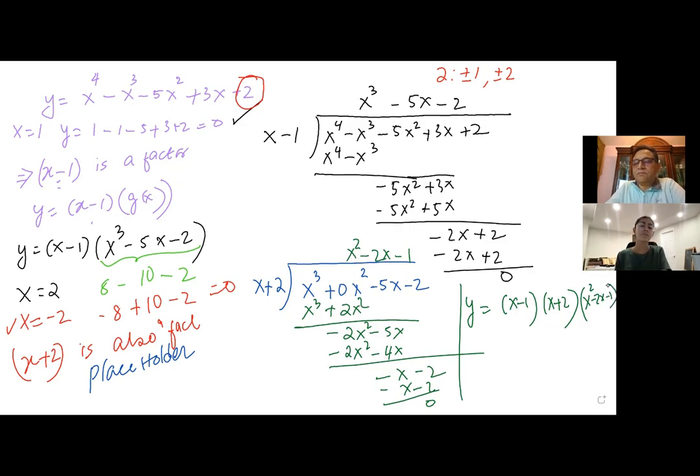Our second factor is x plus 2 because we found that minus 2. Okay, so we have to use our factors that we find and then our remainder. That's why it's called remainder theorem, because you're using the remainder; it should be 0, then it becomes a factor. We do it until the quotient is not factorable.